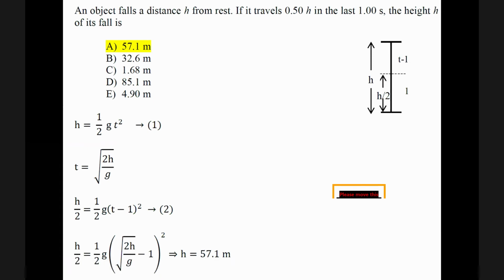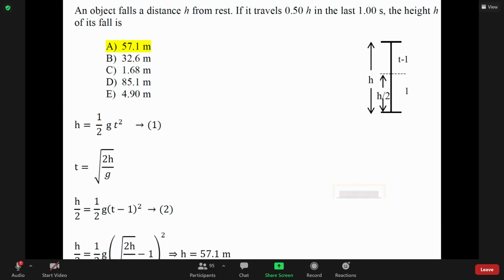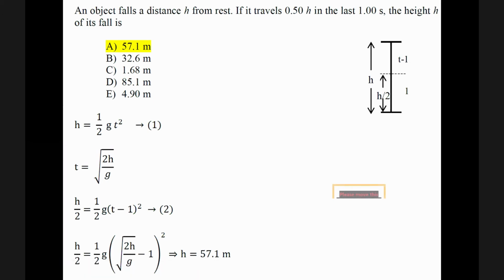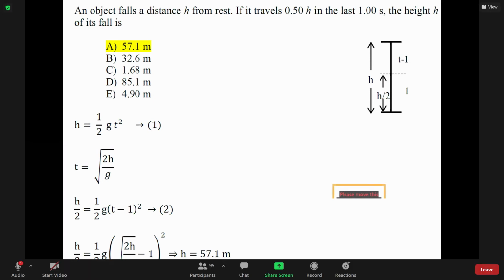You have two unknowns. Difficult. But if he gave you another piece of information, yes, you can go directly from v initial to the final, no problem. Okay, let's go to another question.